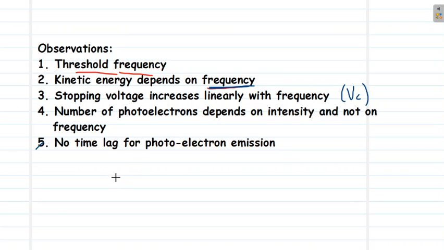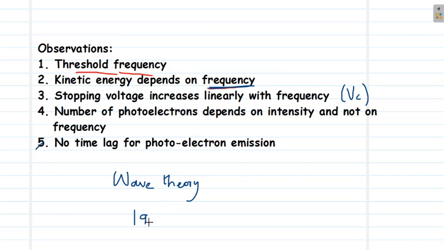The classical theories existing then for understanding the physics of light, the wave theory, assuming that light is a wave, were not able to explain all these specific features. A satisfactory explanation could not be made by these classical theories. Hence, an improved explanation for the photoelectric effect was required.